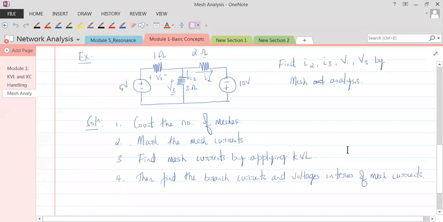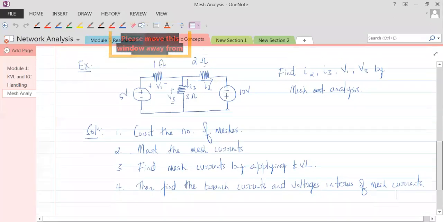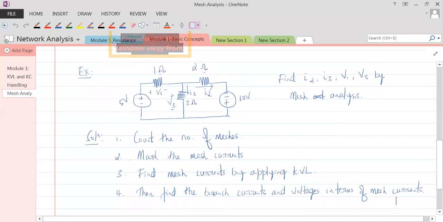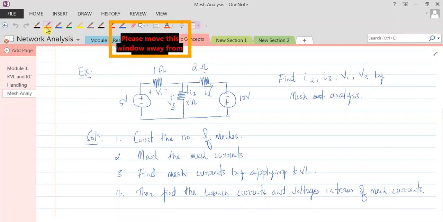Fine. Now see here, how many number of meshes are there? Anybody? See, there are 2 meshes. This is mesh number 1. This is mesh number 2. We have to mark the mesh currents now. How many mesh currents will I be marking? If there are 2 meshes, I'll be marking 2 mesh currents.